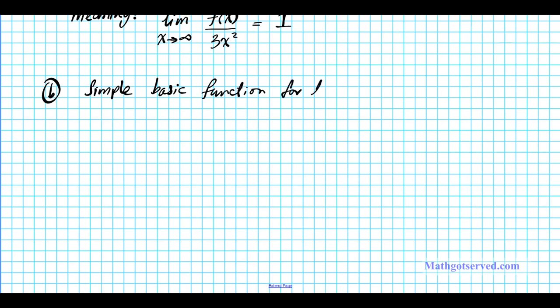In the left-hand behavior, we're looking at the limit as x approaches negative infinity. Which function will cause the quotient of the original function and that function to equal 1 as x tends towards negative infinity?